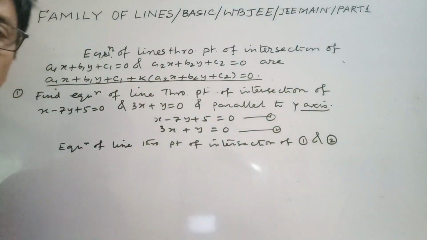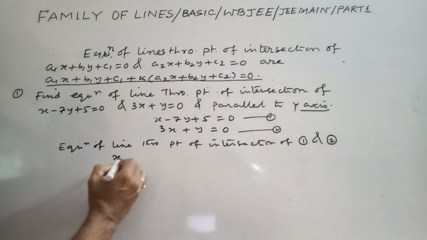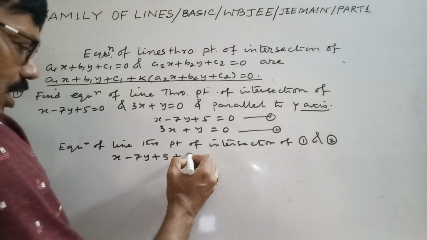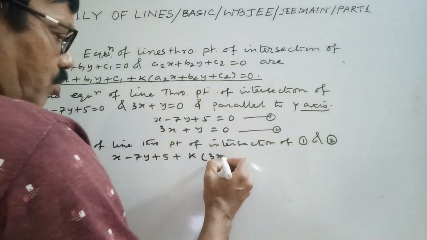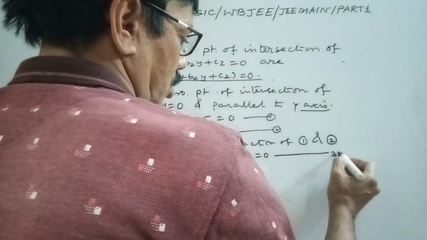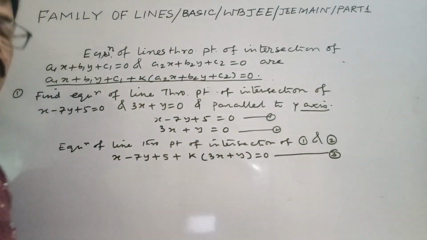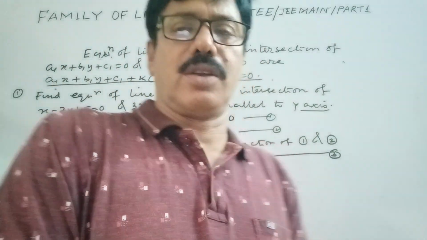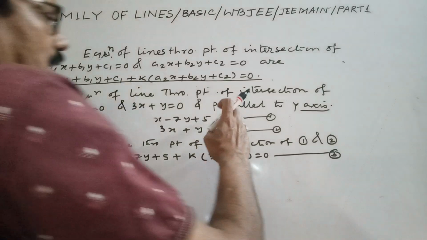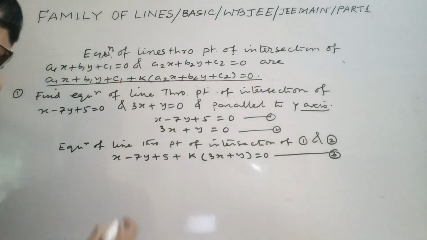So you write the formula: x minus 7y plus 5 plus k times the second equation equals 0. So k is unknown. Now to find k, one condition is to be given. What is our condition? It is parallel to the y-axis.